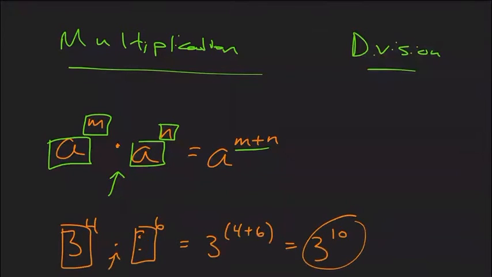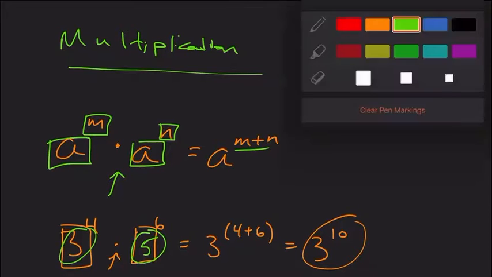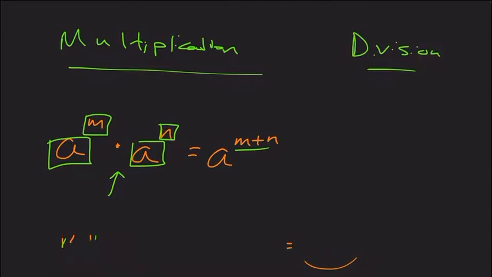You want to keep in mind, if this was 3 to the 4th times, let's say 5 to the 6th, we can't do this rule because they need to be the same base. In this case, they're different, so we wouldn't be able to apply this property. Let's look at one more. Let's say we had x to the 3rd power times x to the 8th power.